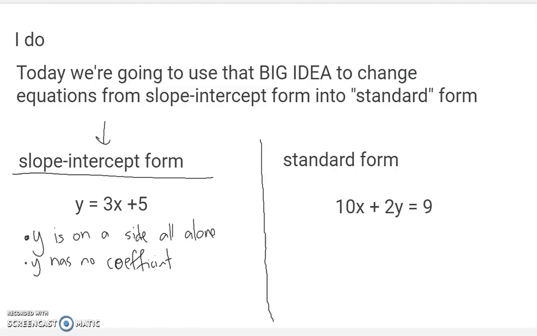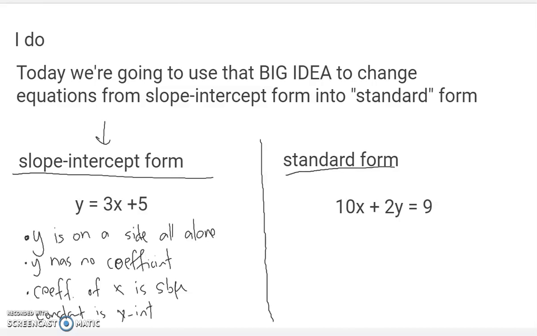We've never run into one where it was like 4y equals 3x plus 5. That's not slope-intercept form if y has a coefficient. It's just y by itself. And then we know the coefficient of x is the slope. And the constant is the y-intercept rather. So that's slope-intercept form, super nice.